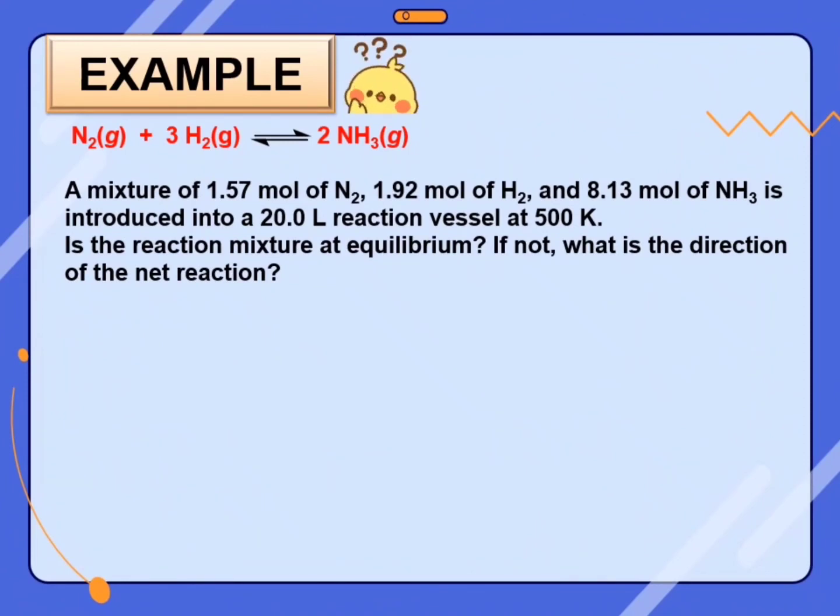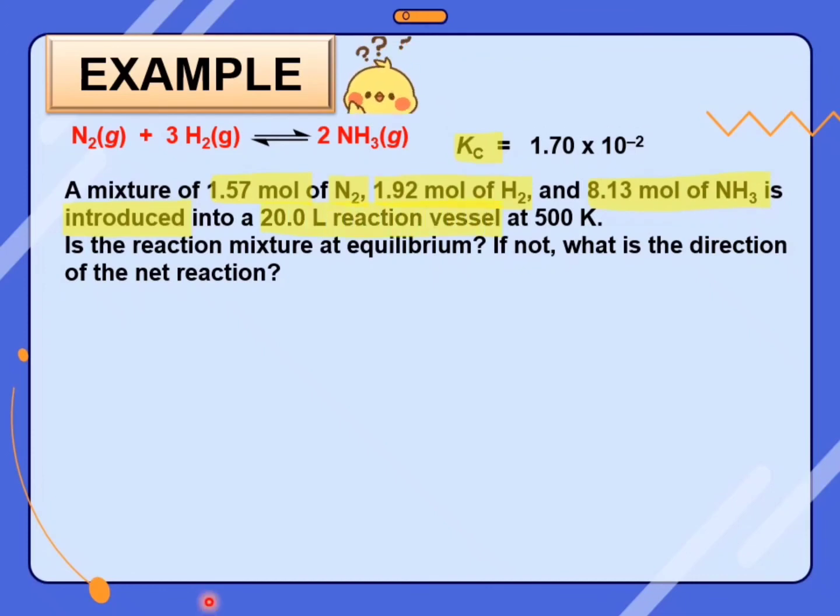As usual, read the question first and take out the information given. We have the balanced equation here, and then we have the value of KC. A mixture of 1.57 mole of nitrogen, 1.92 mole of hydrogen, and 8.13 mole of ammonia is introduced into a 20-liter reaction vessel.